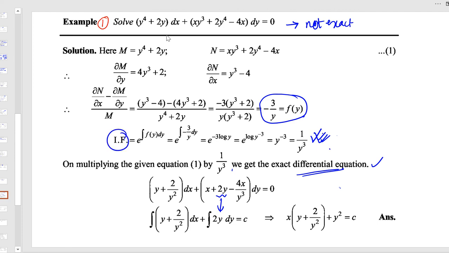So whenever you have this exact differential equation, the next step is very simple. Just assume them as a constant and just apply. See, this whole term is a constant, and we have only one x outside.